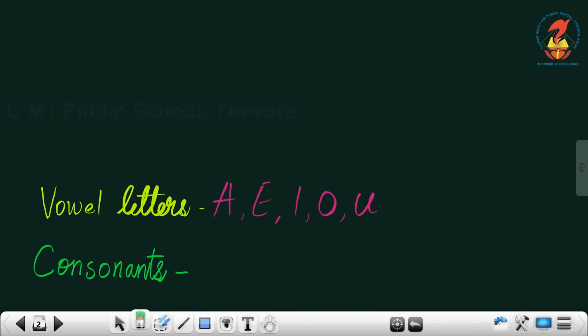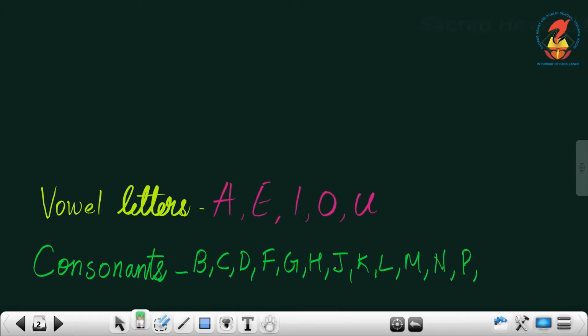The rest of the alphabet letters, that is B, C, D, F, G, H, J, K, L, M, N, P, Q, R, S, T, V, W, X, Y and Z. These are called consonants.